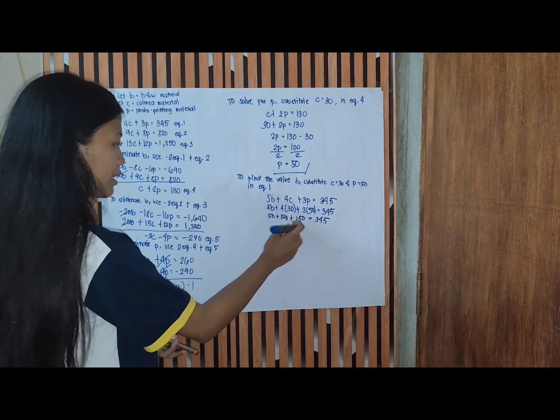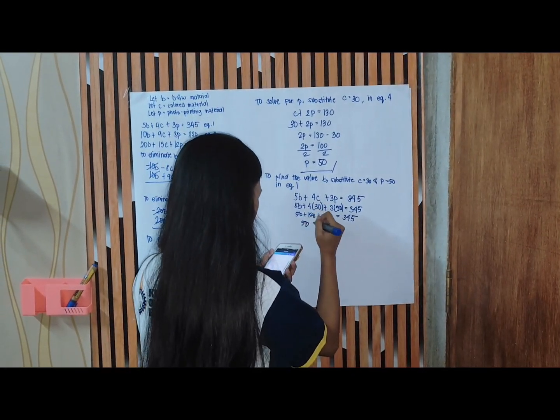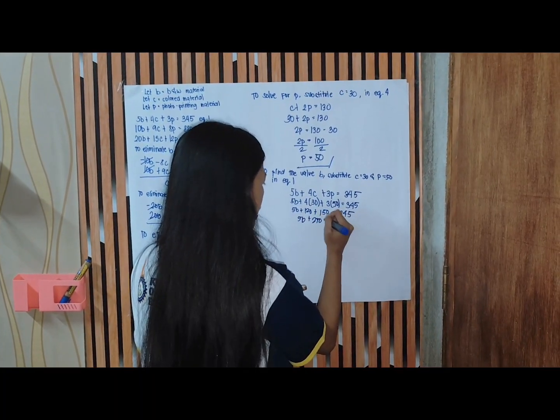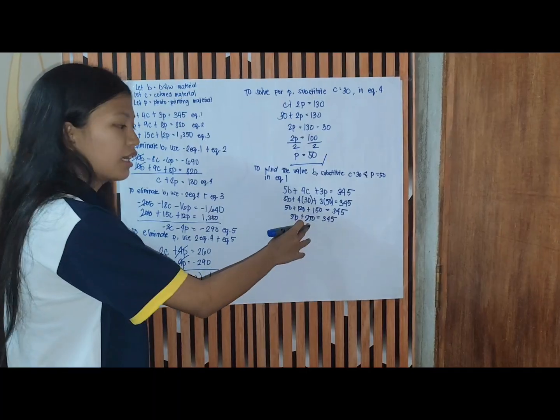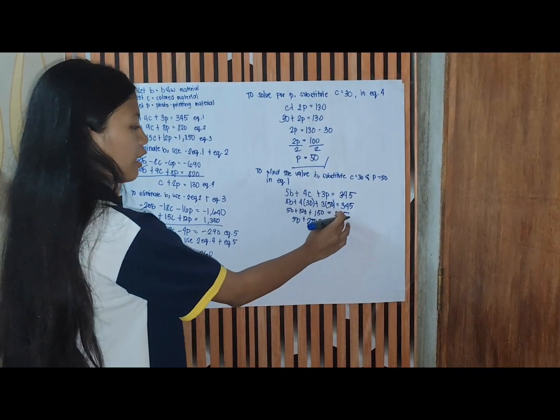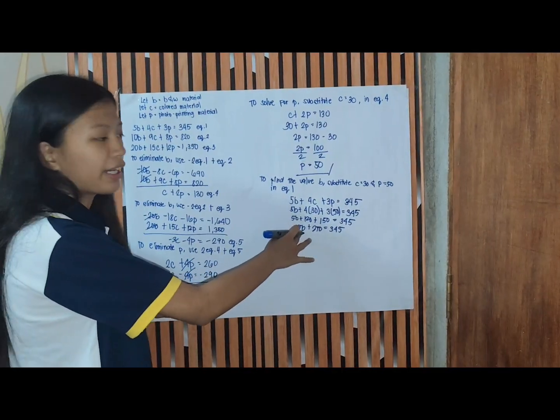So 120 plus 150 is equal to 270. So 5b plus 270 is equal to 345. Now again, transpose this. This is a constant, so we can subtract it to this constant as well to isolate the variable b.